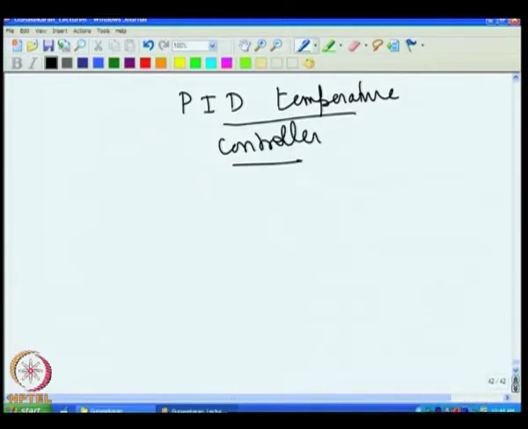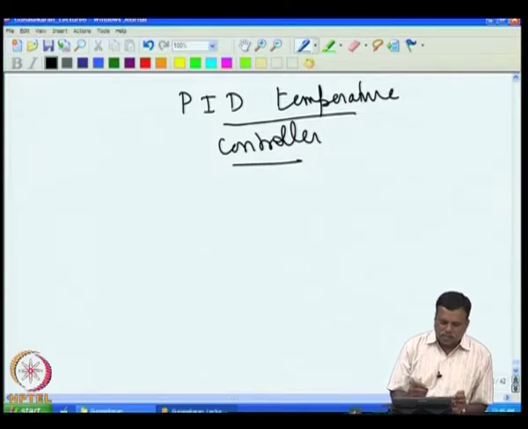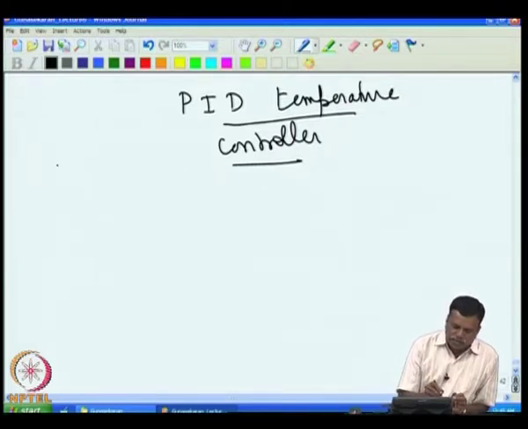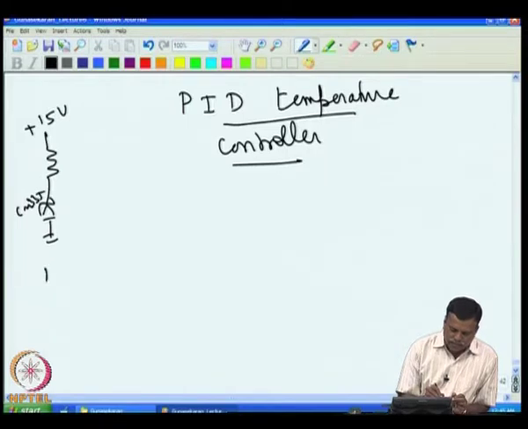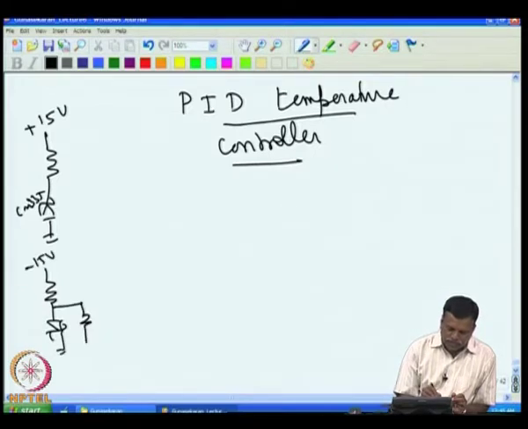Now, what can be done is we can use the same logic, just add the differentiator stage, then this becomes a PID temperature controller. Let me read quickly the entire circuit. In the earlier case we had our temperature sensor, the LM335, that was given to plus 15, then we had minus 15 as a reference voltage, that is a set value.